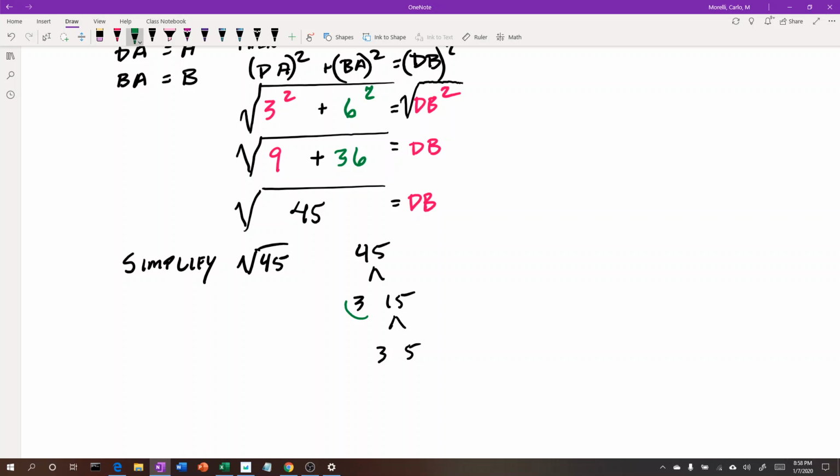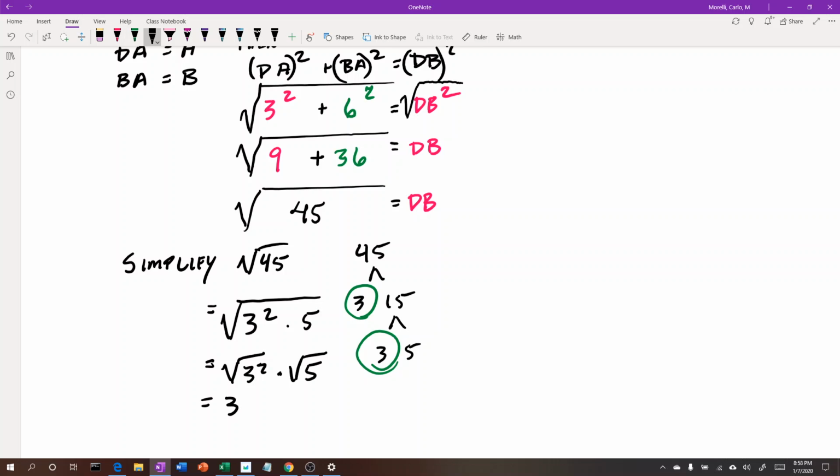See this? So we can rewrite the square root of 45 as the square root of 3 squared, that's 3 times 3 times 5. And this can be simplified into the square root of 3 squared times the square root of 5. The square root of 3 squared is 3, so the simplified form is 3 square root 5. So this would be your answer.